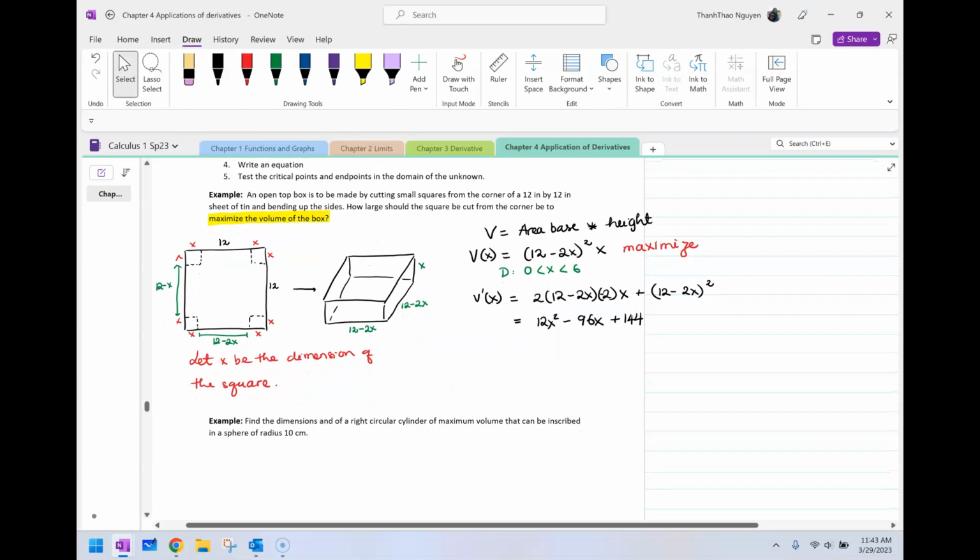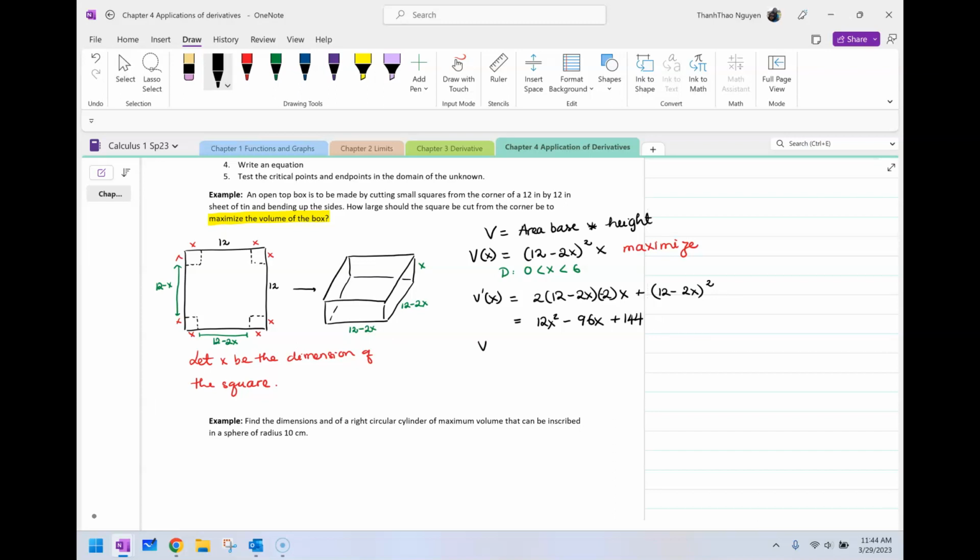Okay, so let's take a look. What happens when V prime equals 0? Let's find the critical values. V prime of x equals 0. That means 12x squared minus 96x plus 144 equals 0. Factor out 12.